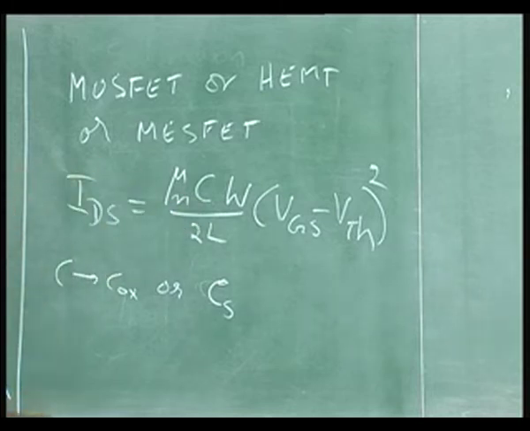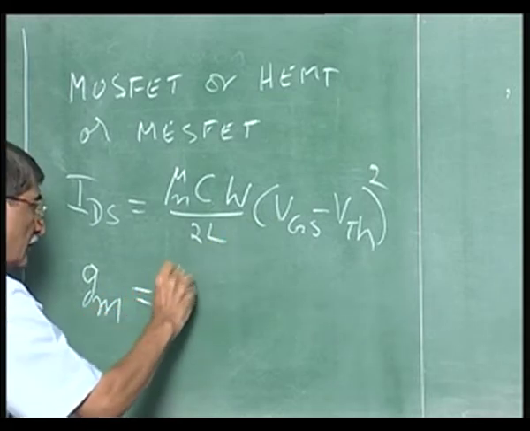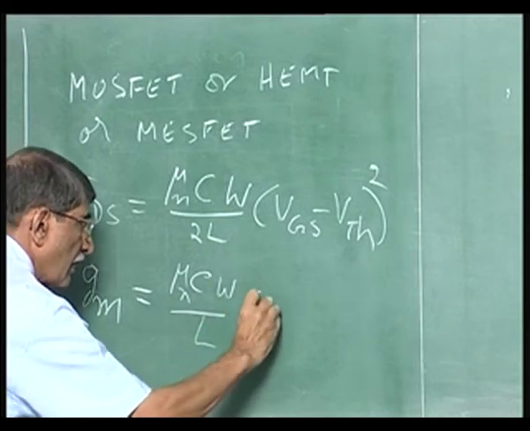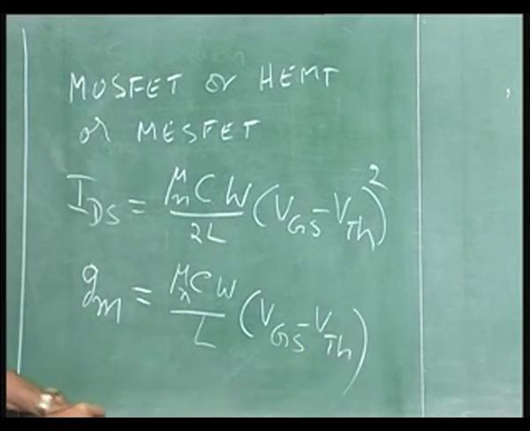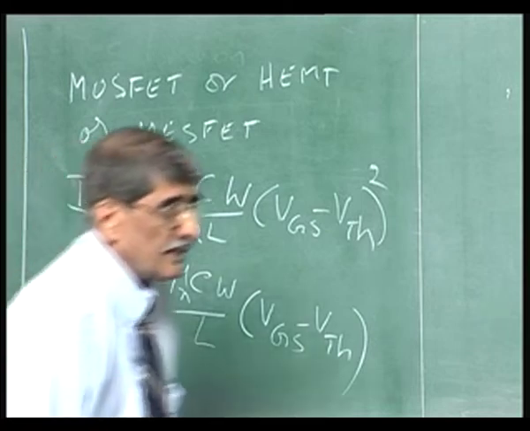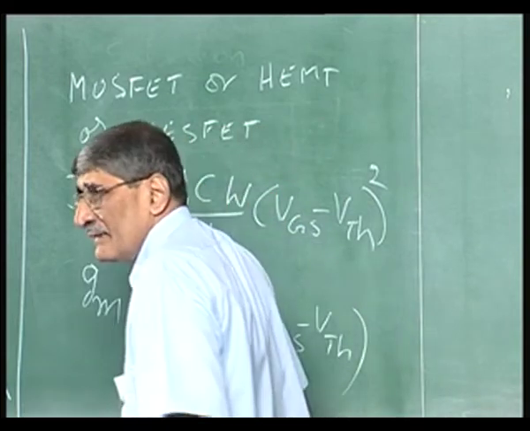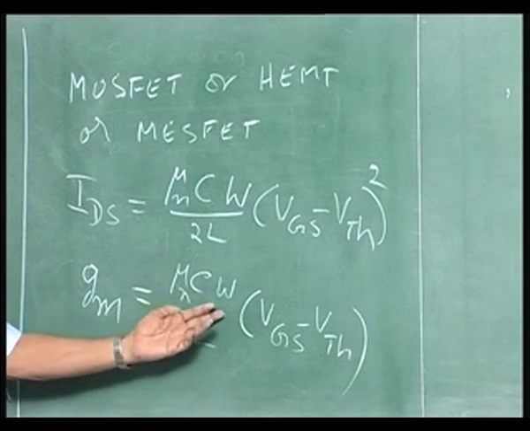Now, what is GM? GM is the transconductance that we have, and here you can see that the transconductance is proportional to width and VGS minus V threshold.